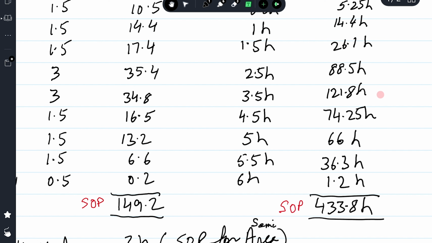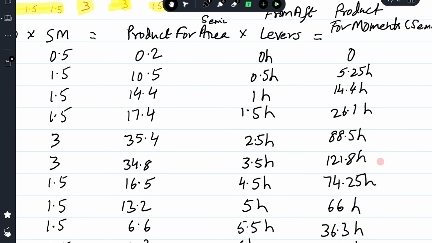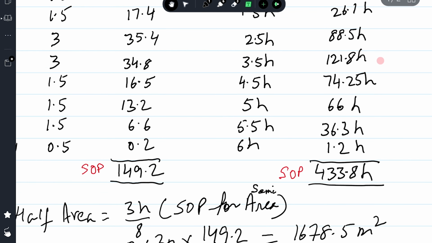Okay. Now add up the sum of the products for the semi area. This column, SOP 149.2 for the area, product of the area, add up. Then the moments. These are semi moments because breadths are half.